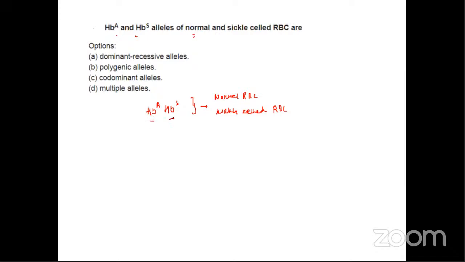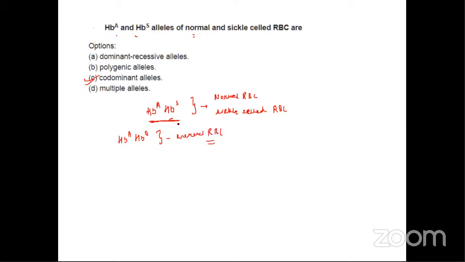And that was the idea of codominance, right? Both the characters are getting expressed. Here, in the blood, if we are going to examine the blood of this genotype, we are going to find normal RBC also and sickle cell RBC also. So this is what? This is codominance. Carriers of sickle cell anemia is one of the examples of codominance. If I have this situation, both normal, I'm going to find normal RBCs.